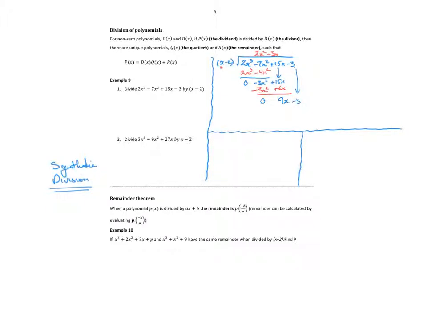Again, what do I multiply x by to get 9x? That's 9. So I get 9x, and 9 times negative 2 is negative 18. Subtract off again. Minus 3 minus a minus is plus, so negative 3 plus 18 is positive 15.